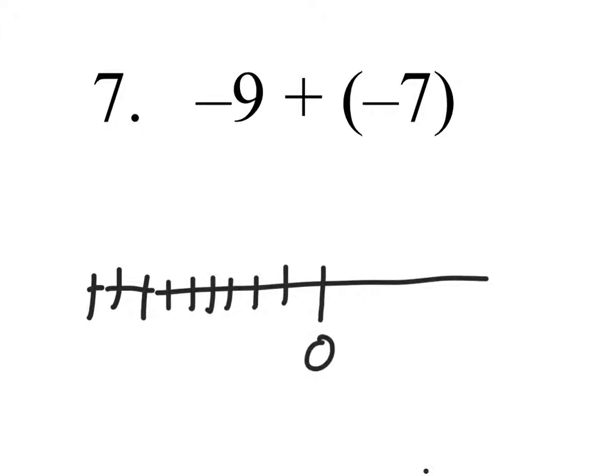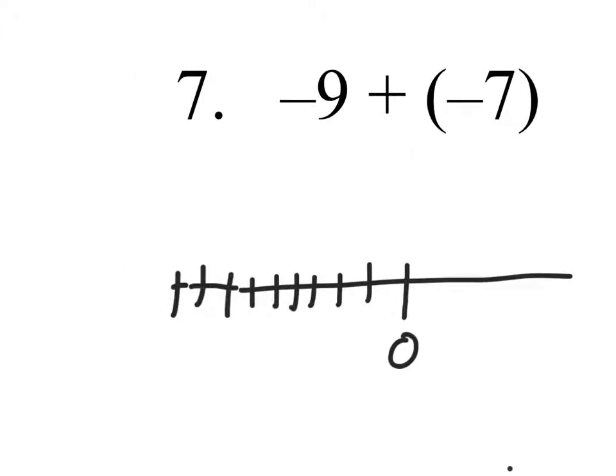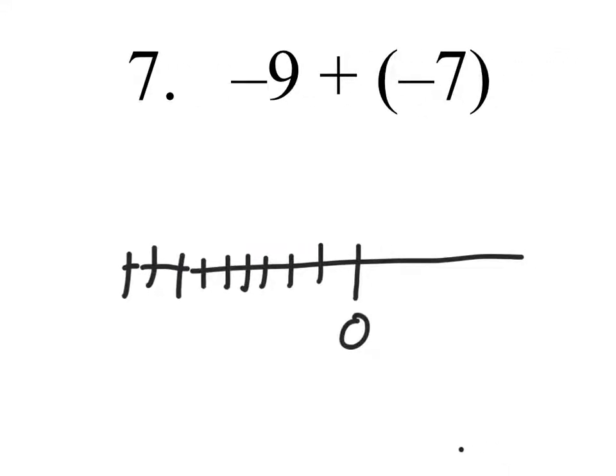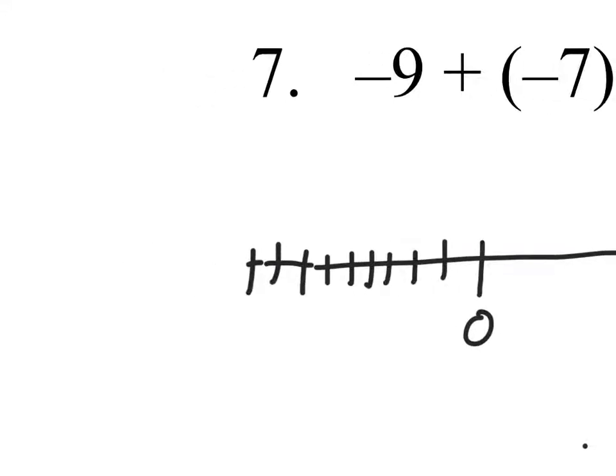And you do negative 7. We need more space, right? Sure. There we go. So you want to add 7 plus 9, which would be 16.